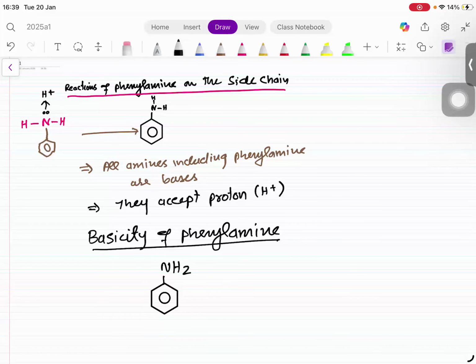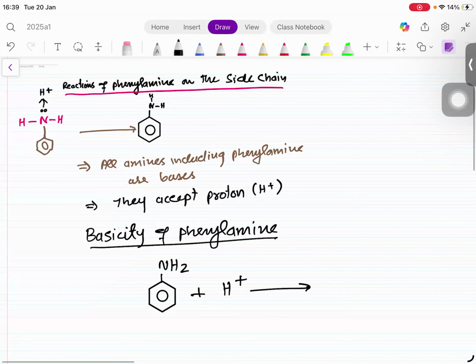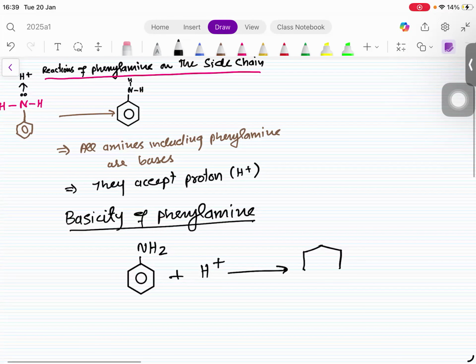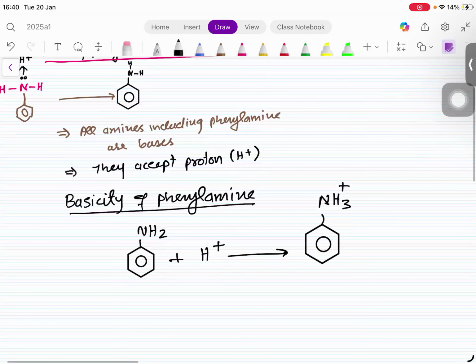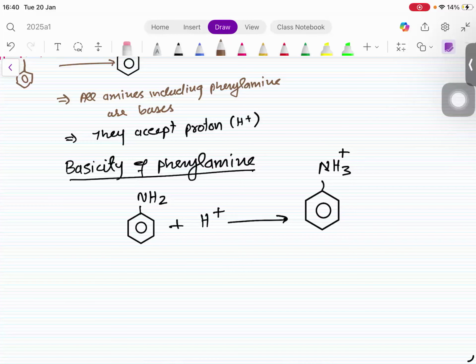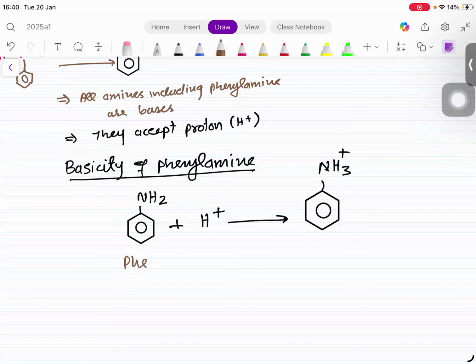Here is phenylamine plus H positive ion gives us what? Yes. So it accepts a proton and turns into C6H5NH3 positive. Is it a reaction or are you just giving it? Yeah, it's a reaction. So phenylamine accepted a proton.